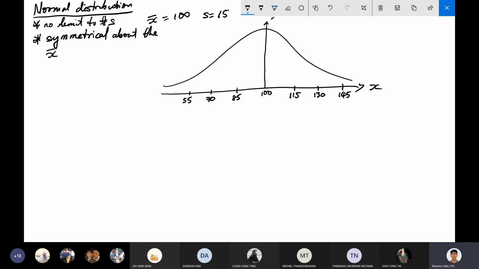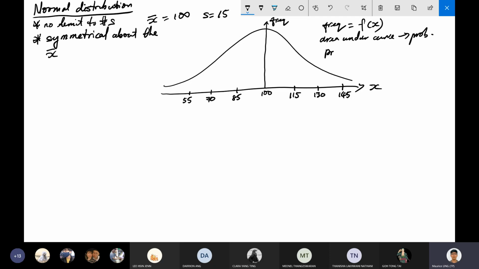If this is the frequency, assuming that the line has an equation, which it does, and the area under the curve represents the probability of something happening.